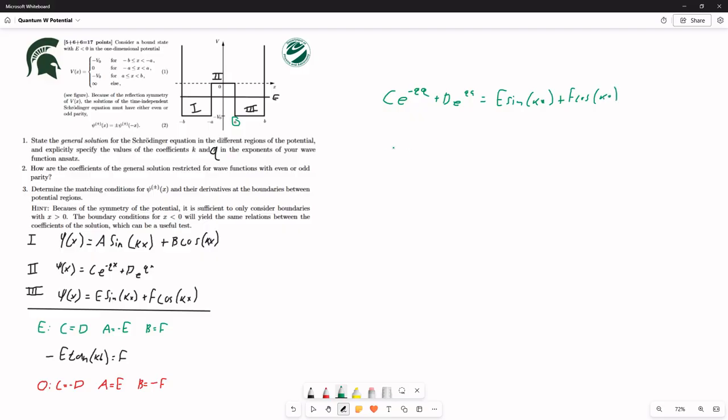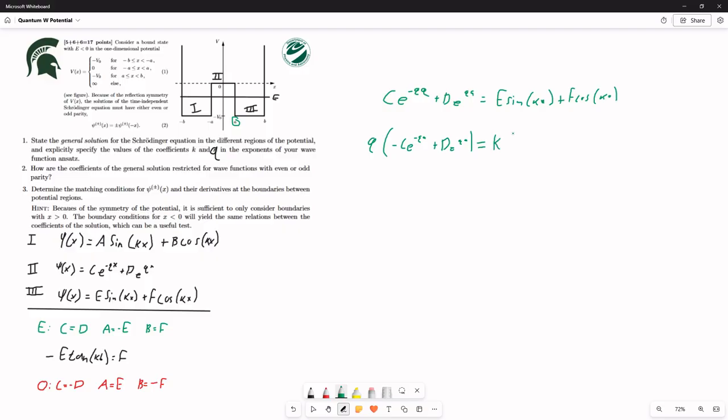And then we also have the derivative conditions. So just taking the derivative of this, we can pull a q out, and we get negative c e to the negative qa plus d e to the qa. And on the other side, we can pull a k out and flip the sines and cosines.